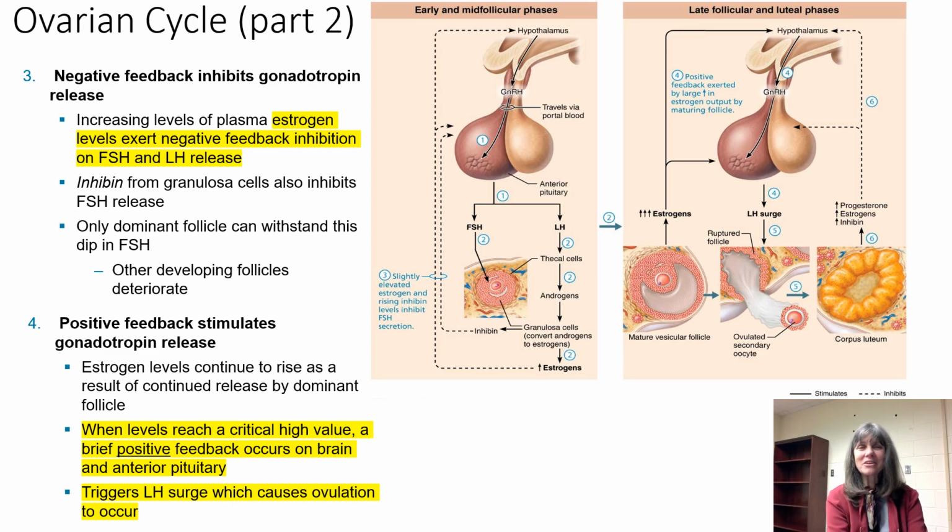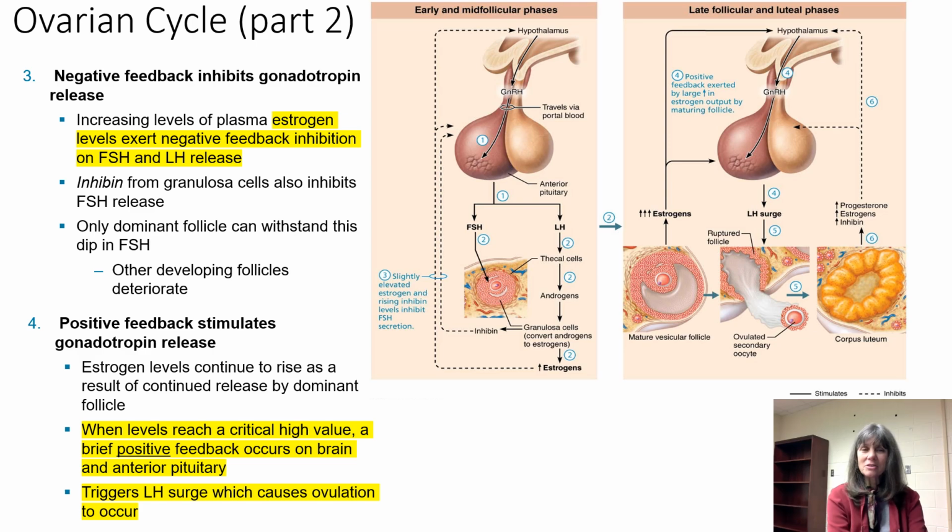Negative feedback occurs to inhibit gonadotropic releasing hormone when increasing levels of plasma estrogen exert negative feedback inhibition on the release of follicle-stimulating hormone and luteinizing hormone. So the elevated estrogen levels can act on both the hypothalamus and the adenohypophysis.